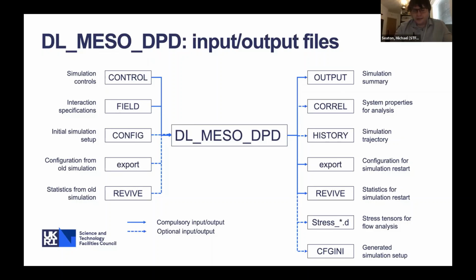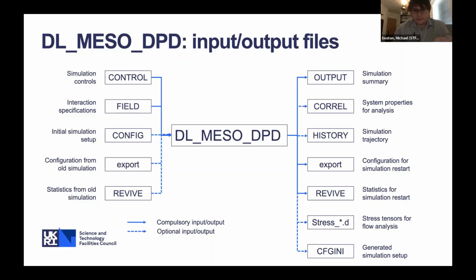So you can get the stress tensors to carry out some more advanced flow analyses, and also, if you've allowed DL_MESO to create its own initial configuration, you can write out what that is for a future calculation.